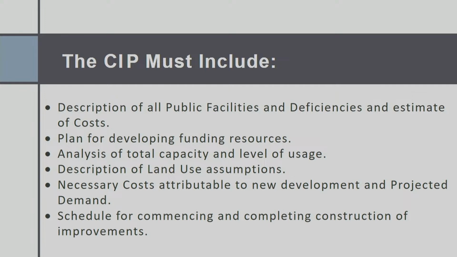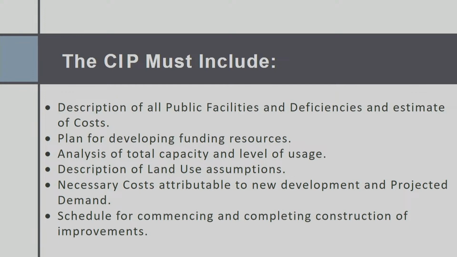The CIP must include a description of all public facilities and deficiencies and an estimate of costs. So there's a lot of data gathering that's required for this because you've got to prove whatever the ask is to the developer, and that cost has got to be very specific. The plan for developing funding resources, an analysis of total capacity and level of usage.